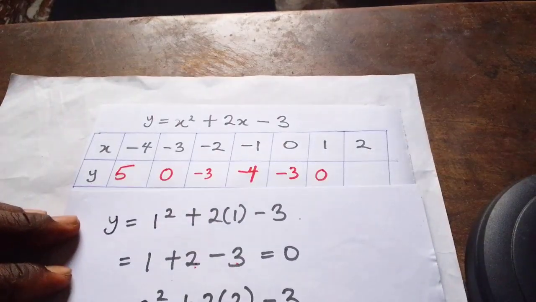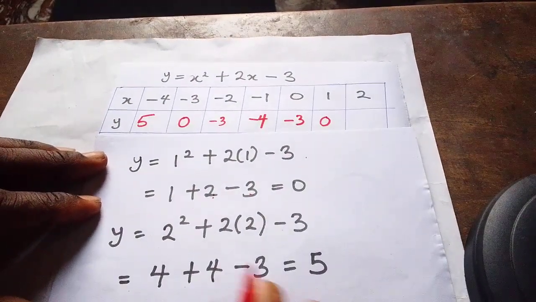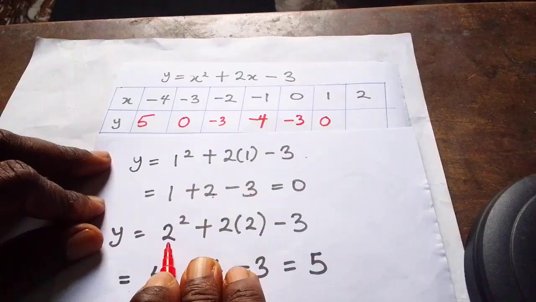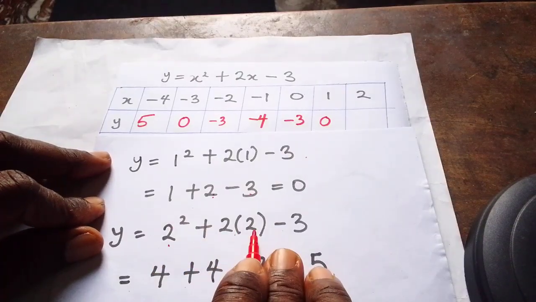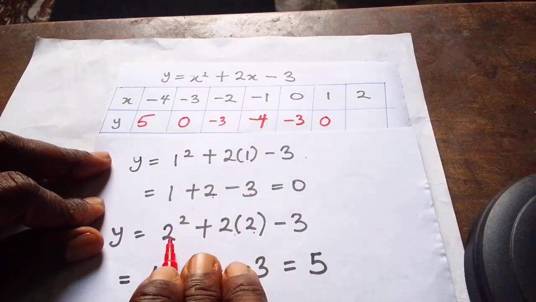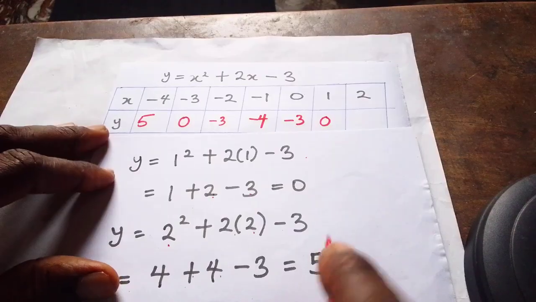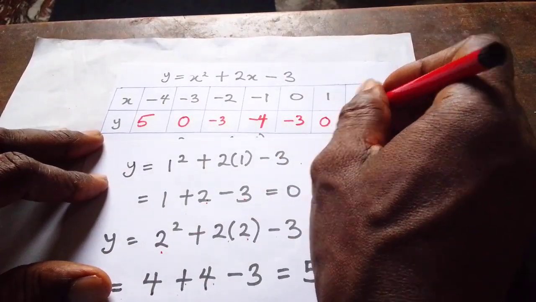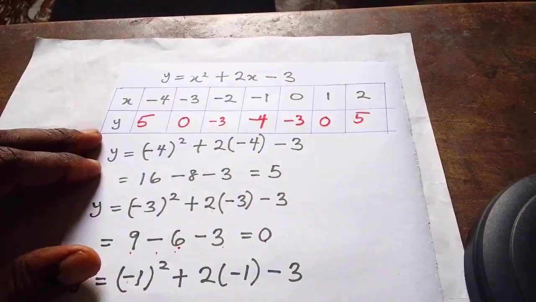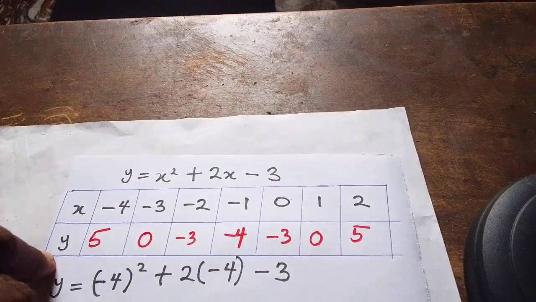Then when x is 2, substitute 2 for x: 2 squared plus 2 times 2 minus 3. 2 squared is 4, plus 2 times 2 is 4, so 4 plus 4 is 8, and 8 minus 3 gives us 5. So when x is 2, y is 5. You fill this into the table.